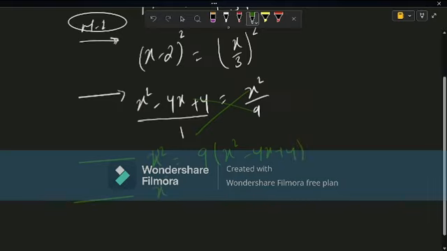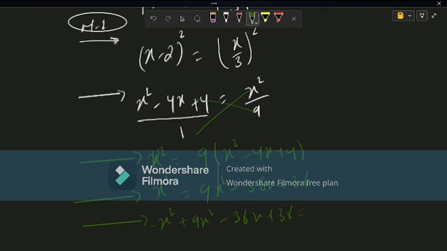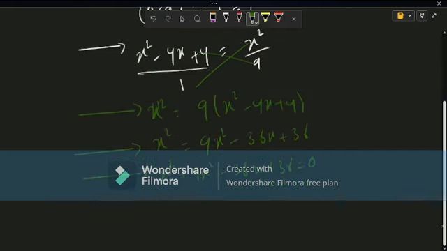That gives you x² equals 9x² − 36x + 36. Make a group of similar terms together. That gives you x² − x² + 9x² − 36x + 36x... I shift x² onto the other side and that will become minus.